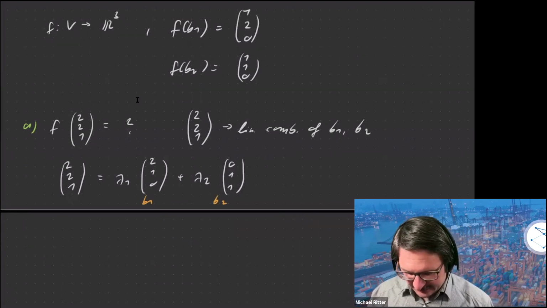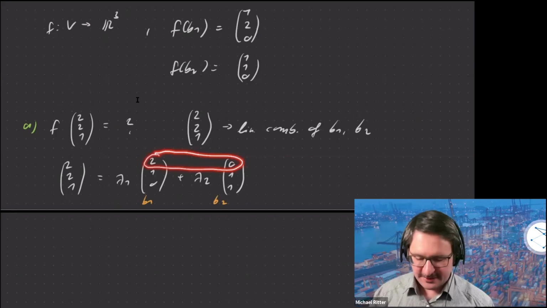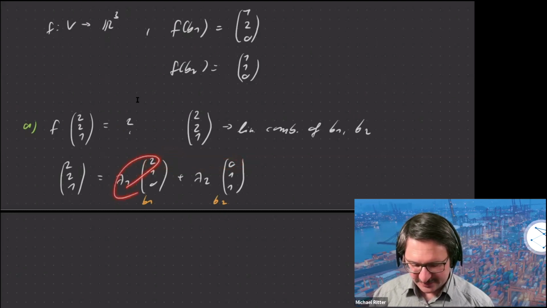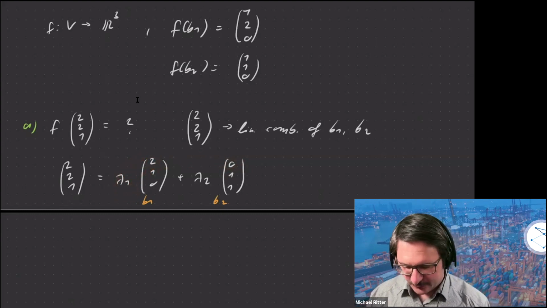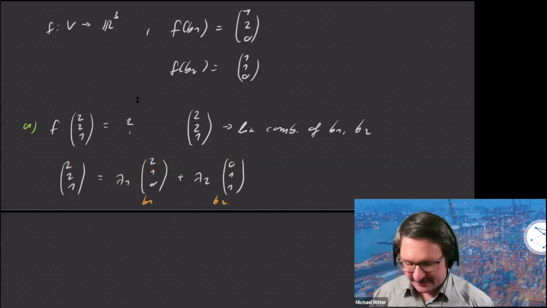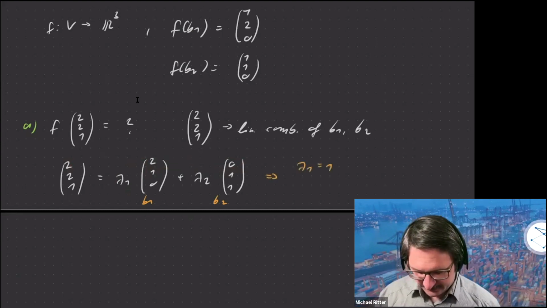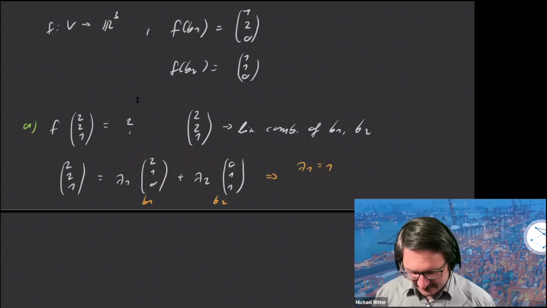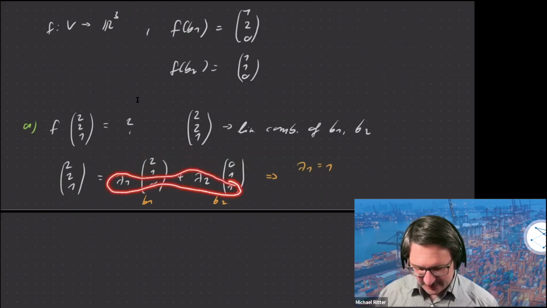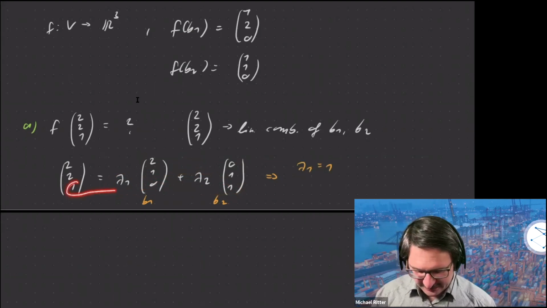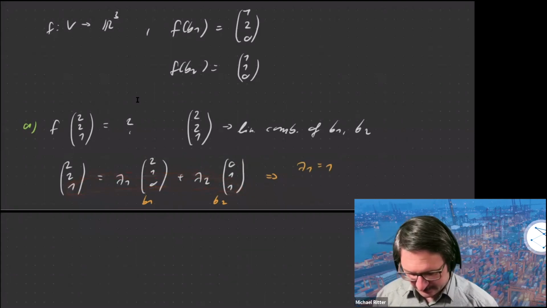If you look at the first row, you can see that its value is determined by lambda 1 alone. It's 2 times lambda 1, then 0 times lambda 2. So if you want this 2 here, then lambda 1 necessarily has to be 1. And if you look at the third row, this value is determined by lambda 2 alone. So this is the equation 1 equals lambda 2.